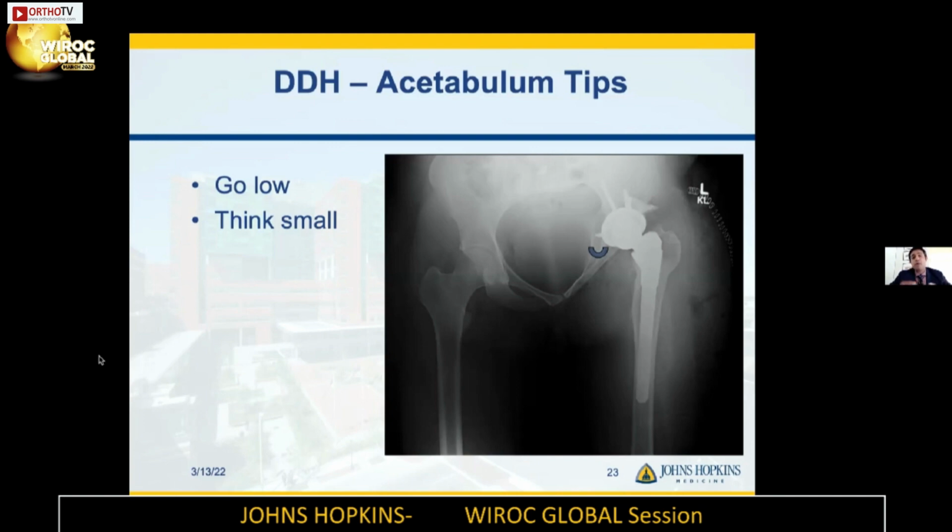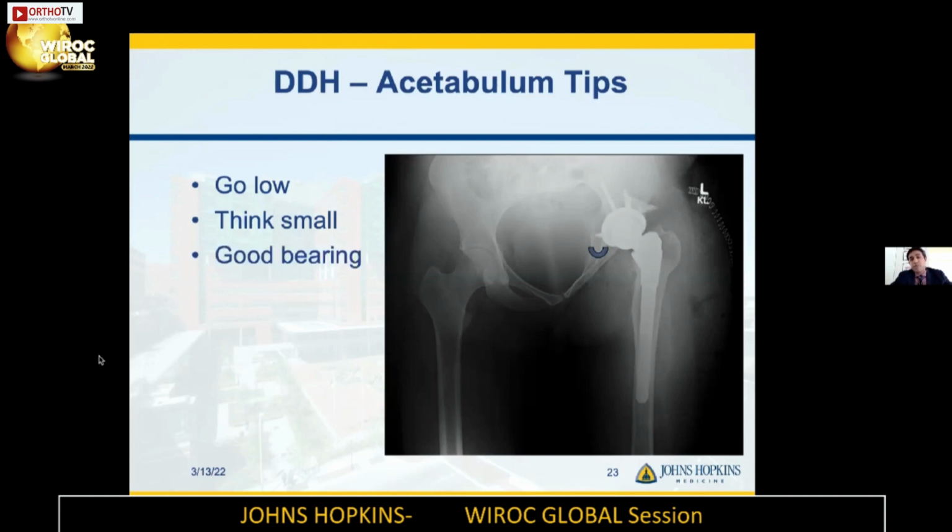You have to really start with a small reamer, keep it at the teardrop level, medialize, and then achieve some sort of a superior shelf. If there is one, use that. If there isn't one, then create that with your reamer in that medial position to try and get some bony fixation for your prosthesis. If you need, you can also use other augments such as the femoral head to try and keep the hip contained in that low position.